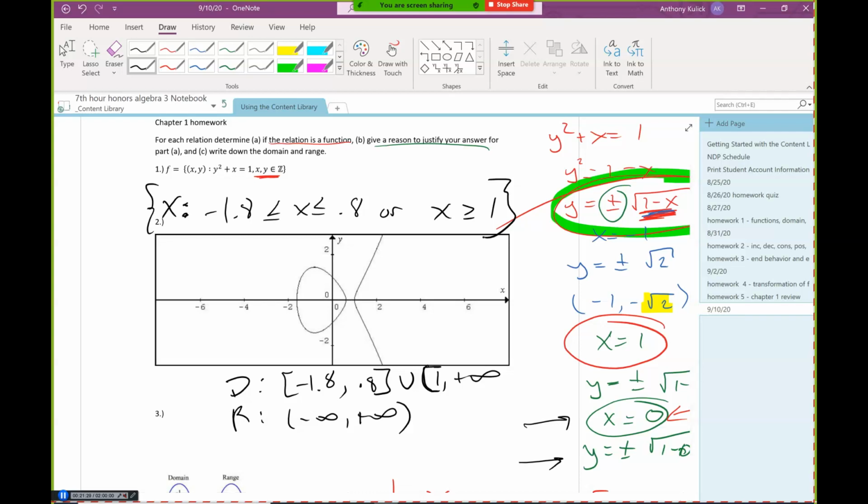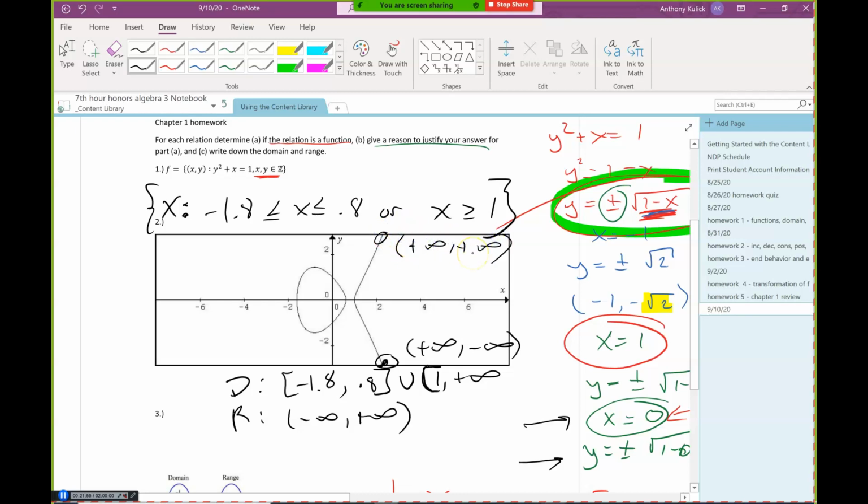These are good questions. Amy? Sure. So for the range, we just care about the y coordinates, right? So I'm going to look for the highest and lowest point on the graph. The lowest point is down here at negative infinity because it's going down, and the highest point would be up here at positive infinity.